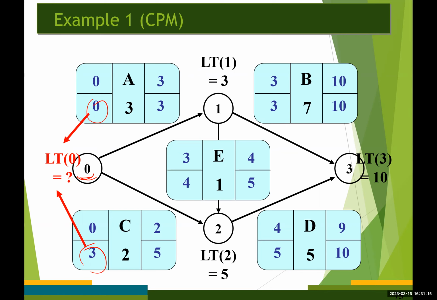So the latest time for event number 0 becomes 0, the smaller value between these two. Now we've obtained the latest time for each event.